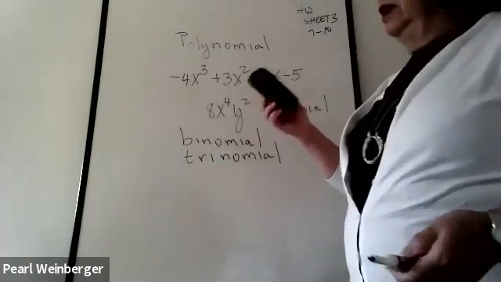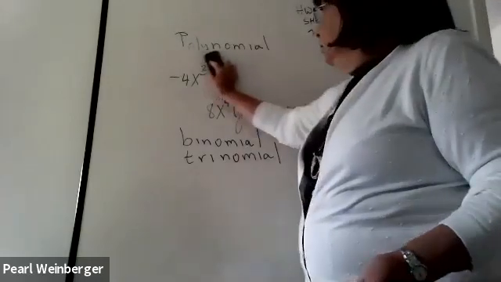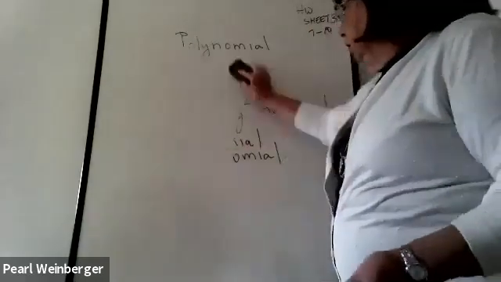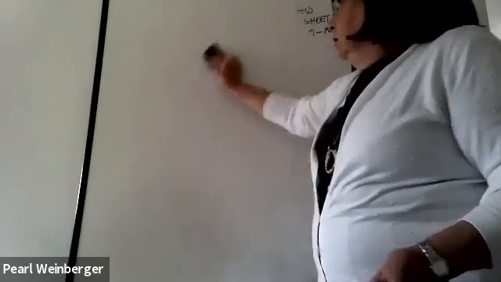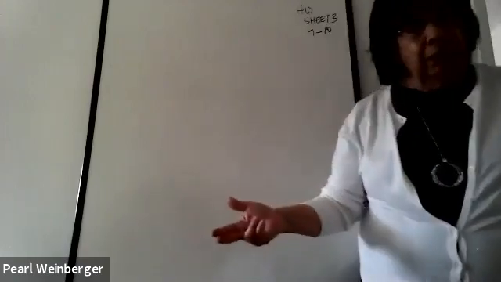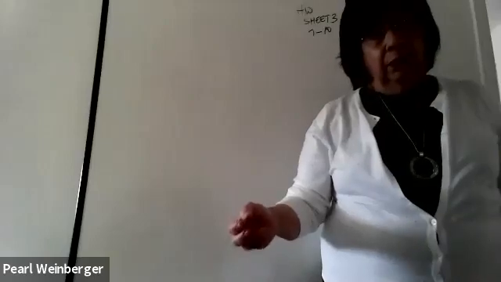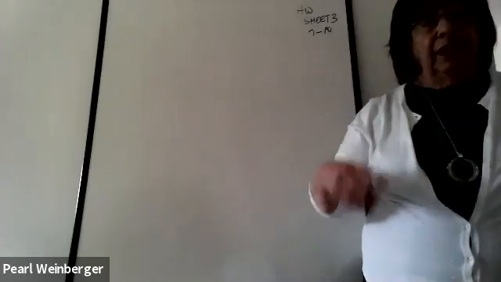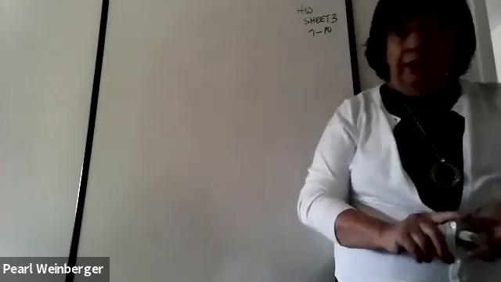First of all, let's talk about adding and subtracting of polynomials. So we're first going to talk about adding and subtracting, then we'll talk about multiplying, and then we'll talk about something called factoring. Actually, dividing of polynomials we are going to do eventually, but it's going to be a little bit later in the term.